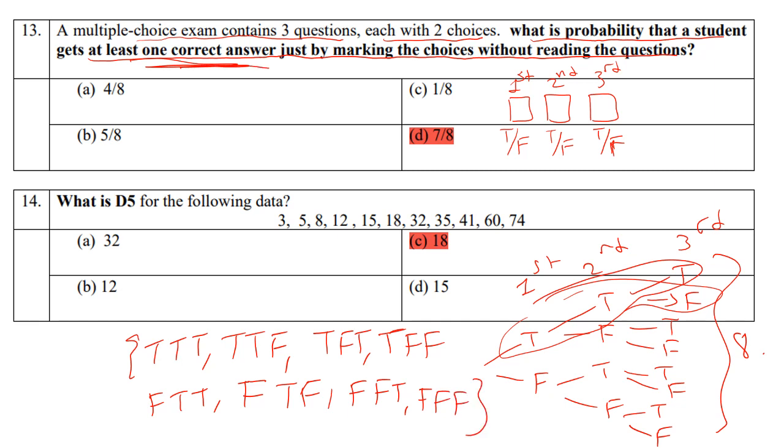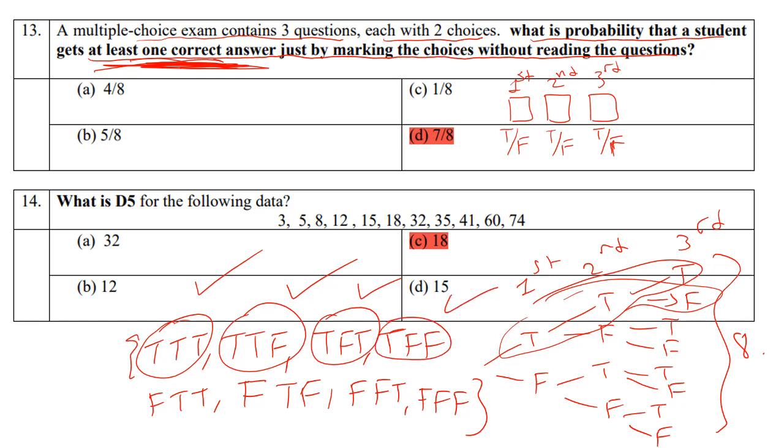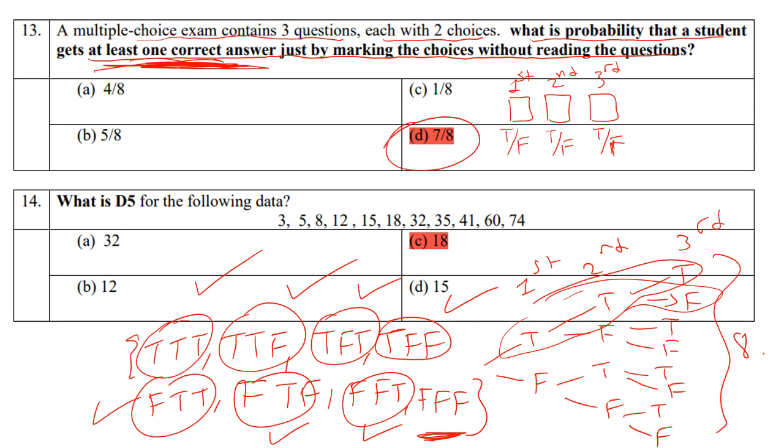And now we want the probability of at least one correct, so at least one true. Here we have at least one, so at least one means one and more, okay? There will be all trues here, but not this one, there's no true here, so it has to be 7 or 8.